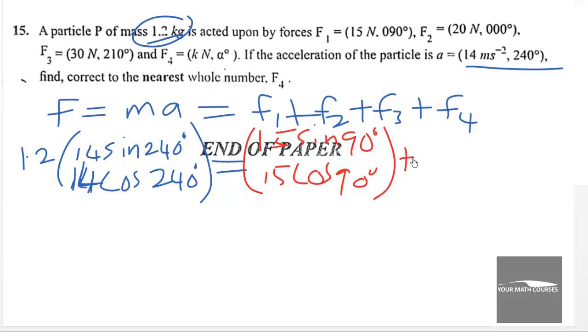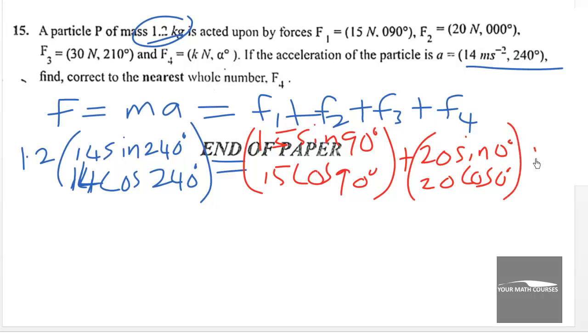We add it to F2, 20 sine 0, 20 cos 0. We add it to F3.